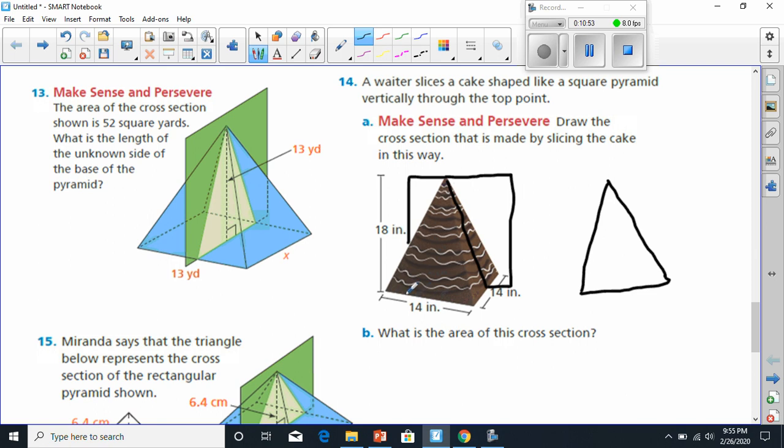And the triangle would still have to be 14 inches for a base. Didn't matter if I slice this way or this way, it's both 14 inches. And since it's 18 inches tall, that means from the center down would be 18 inches.